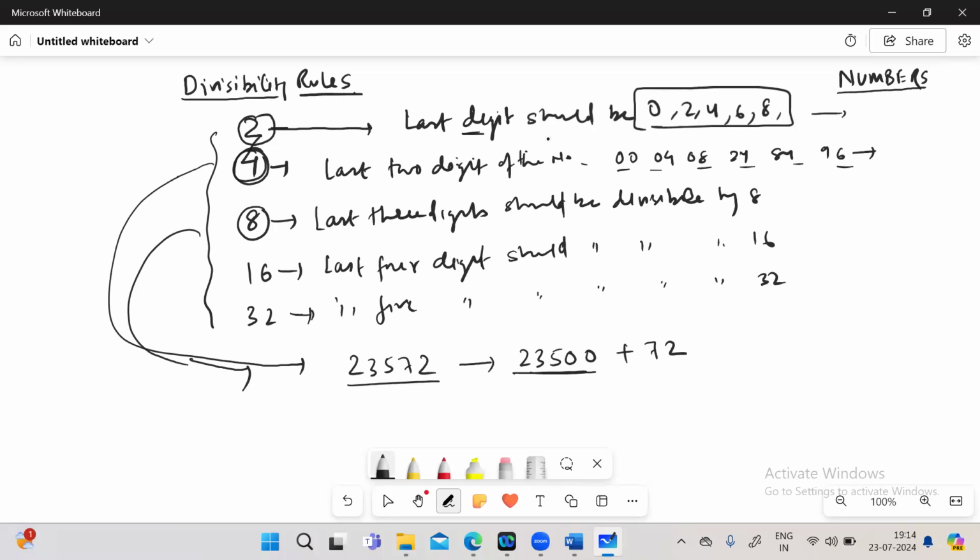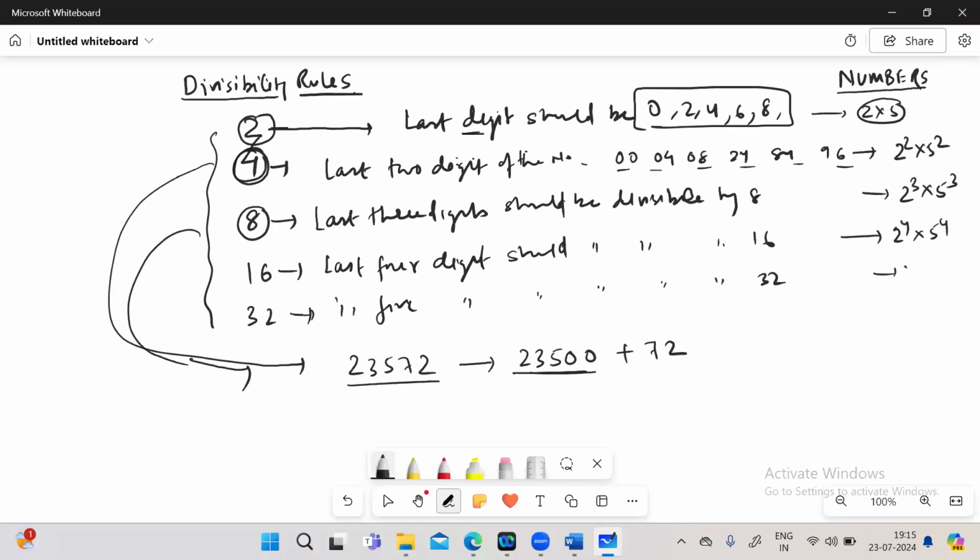Any 10 is 2 into 5. 100 is 2 square into 5 square. 1000 is 2 cube into 5 cube. Then 10,000 is 2 to the power 4 into 5 to the power 4.